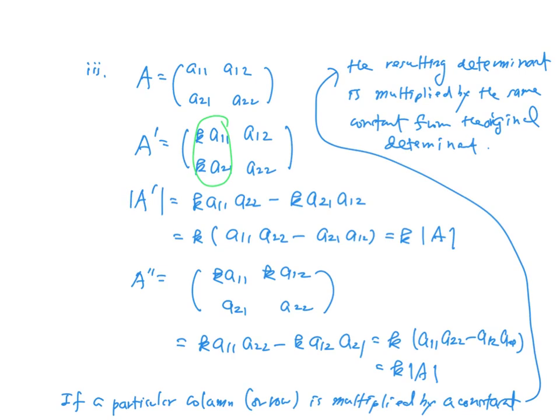Very long sentence. So if a particular column or row is multiplied by a constant, then the resulting determinant is multiplied by the same constant from the original determinant.